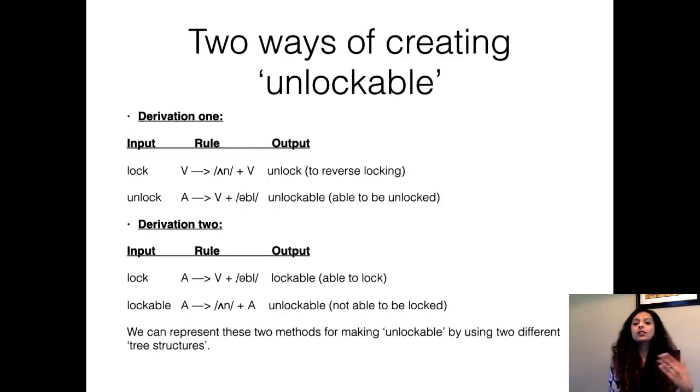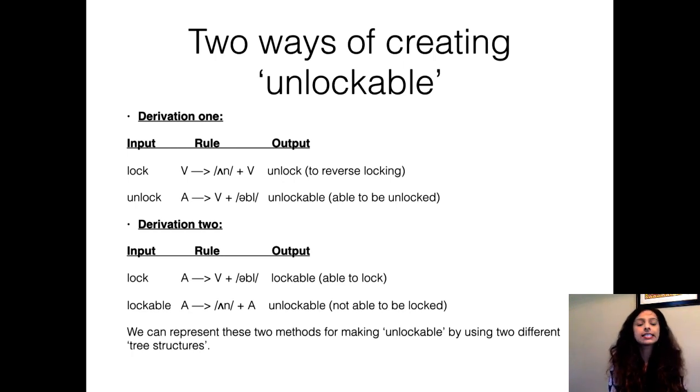So here are the two derivations of unlockable. You obviously start in both derivations with the root form of the word. The root of the word is lock because un is a prefix and able is a suffix, and therefore you start with lock, which is the root of the word, and then there are two ways of doing this, right? You can either attach the prefix or you can attach the suffix.